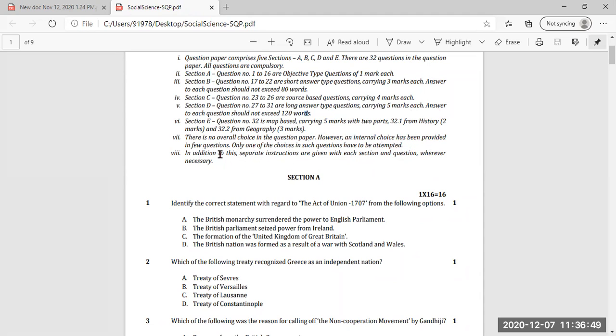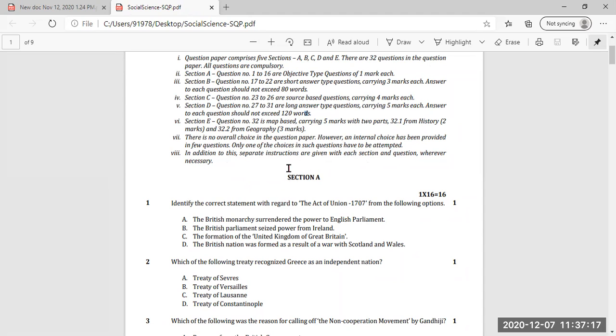And then there is no overall choice in the question paper. Overall choice will not be there, such as doing any 3 or any 2 out of 5 questions. However, an internal choice has been provided in a few questions, and only one of the choices in such questions has to be attempted.